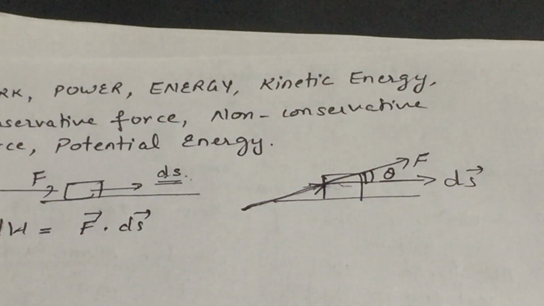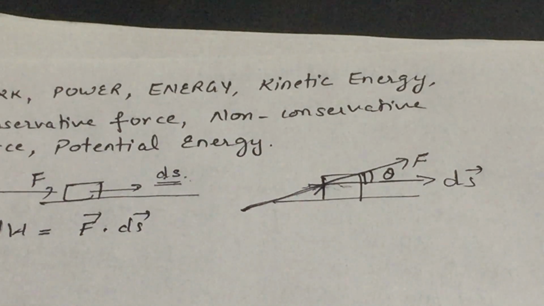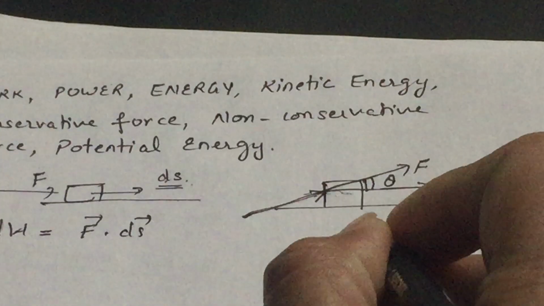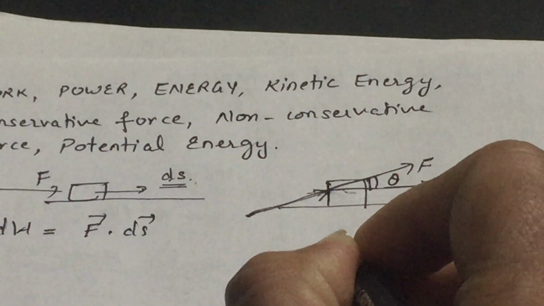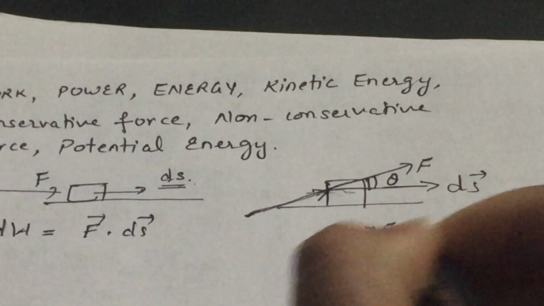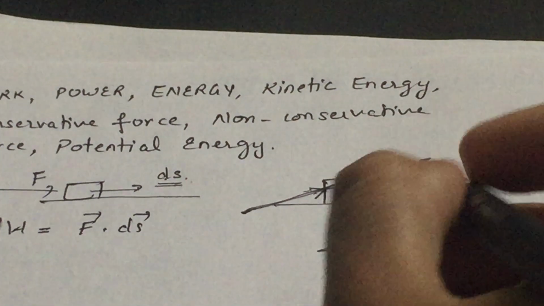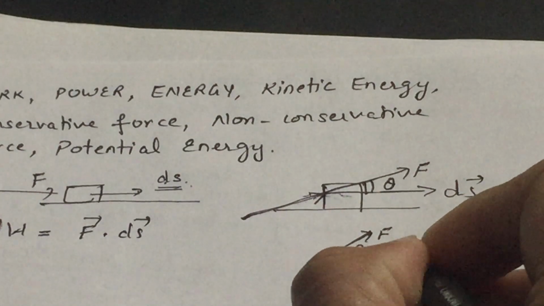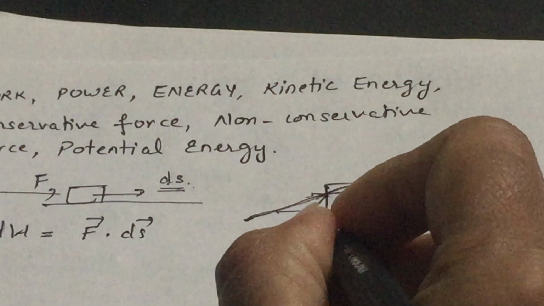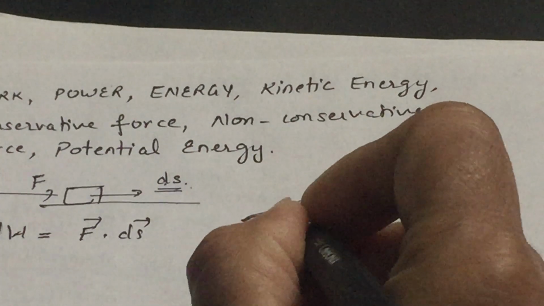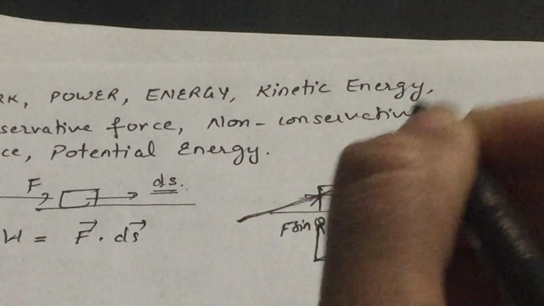Now, what is the component of the force in the direction of displacement? You can very easily calculate this. If force is a vector quantity making an angle of theta with the horizontal, we very well know that the horizontal component of the force is F cos theta, and the vertical component of the force is F sin theta.